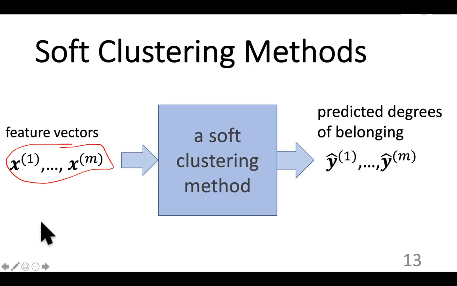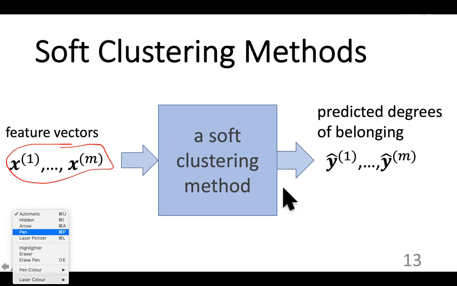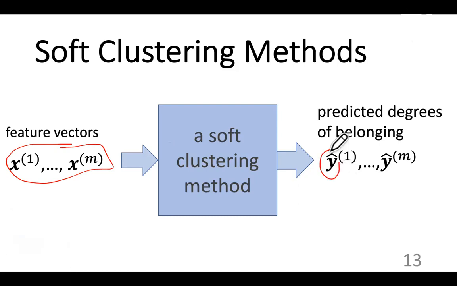So this output is y hat, and this is typically different from the true underlying degree of belonging. So remember, we assume that we have some true degrees of belonging, but we don't know them. What the soft clustering method gives us is some prediction or some guess for the degrees of belonging, but they might be different from the true degree of belonging.